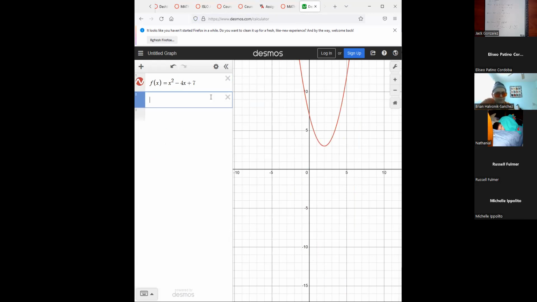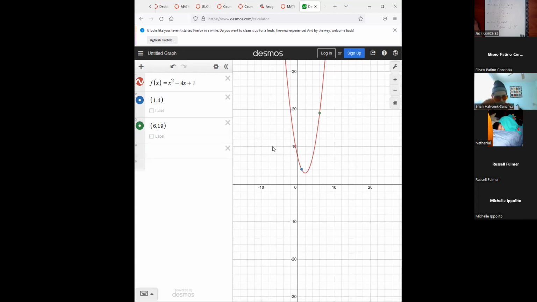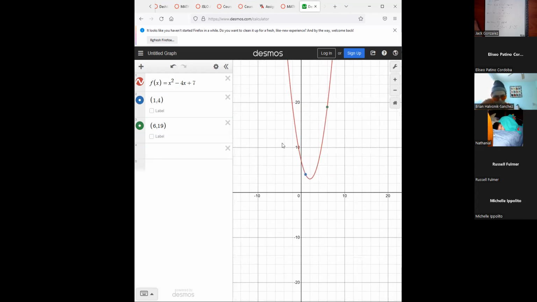And they have 2 points of interest. They gave us an x value of 1, and then we plugged in the 1 and we got 4, right? And then they gave us another x value of 6. We plugged it in and we found 19, I believe. All right. So here are the 2 points.